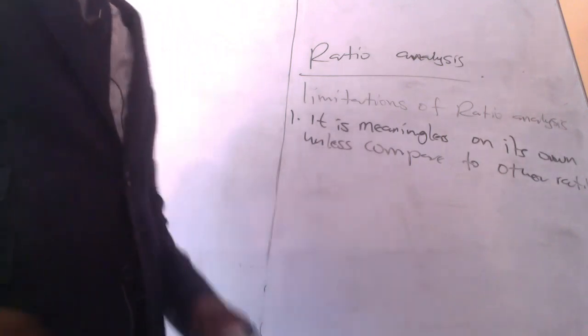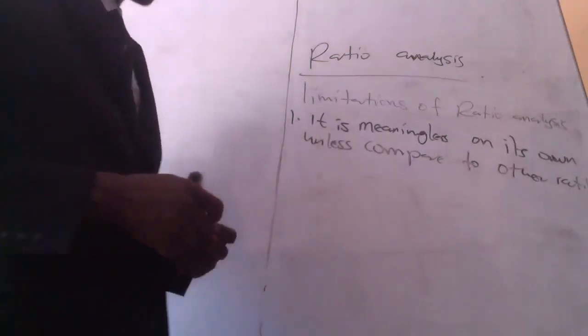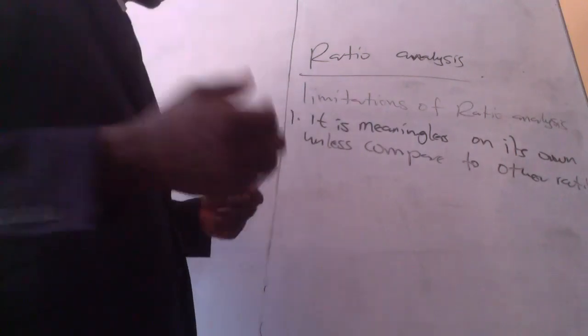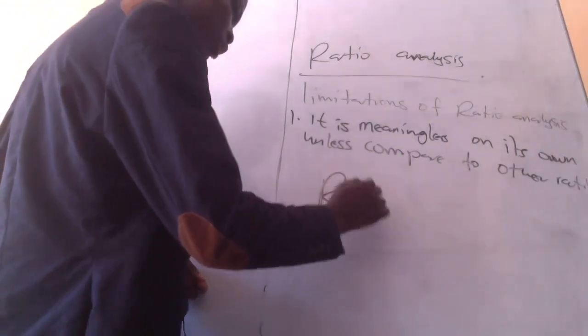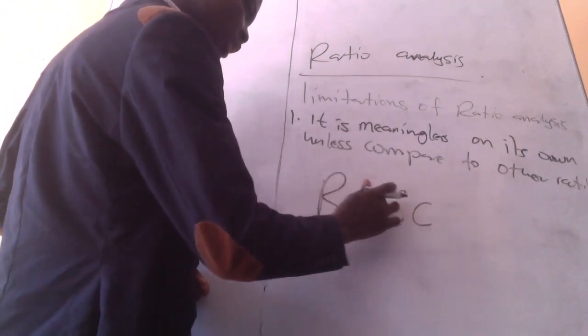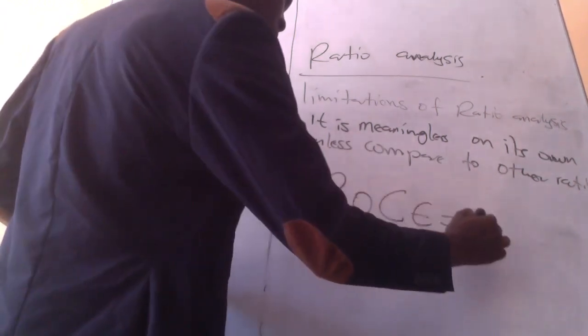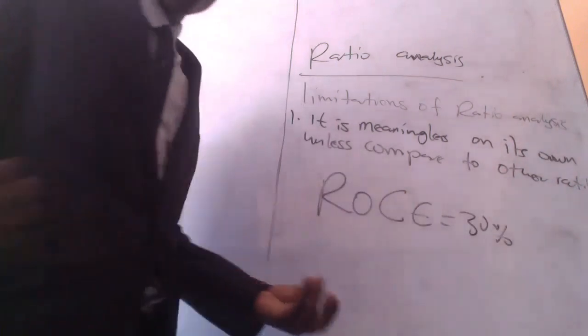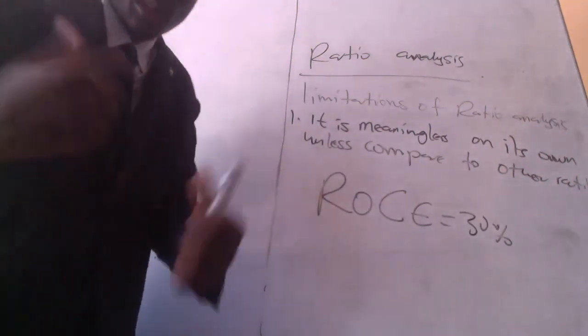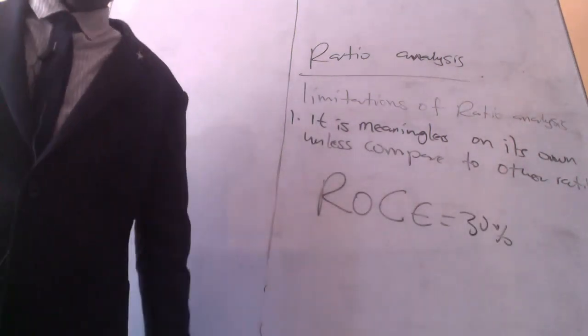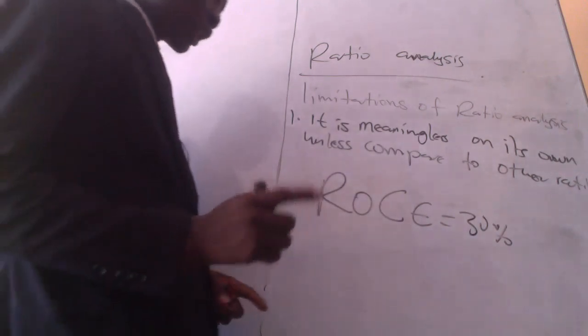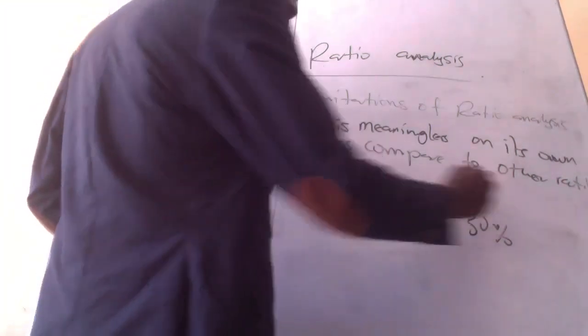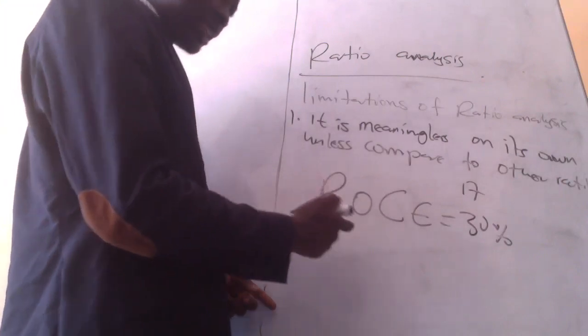Then it means that if I calculate a ratio, let's take ROCE. You had ROCE to be 30%. And so what? Can this tell the performance of the company? No, it can't. Unless I'm told that for 2017, the current year, the ROCE is 30%.